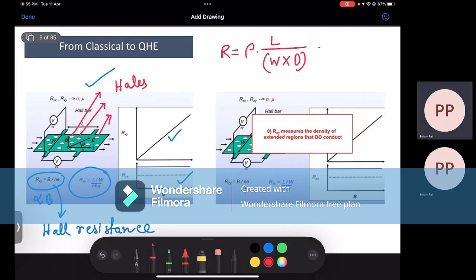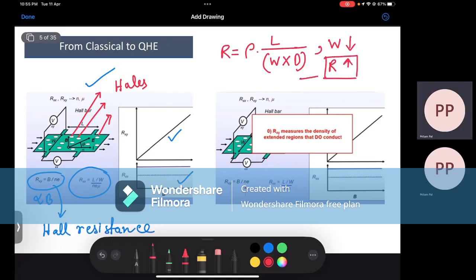What happens? W is going down, as this channel is getting narrower because of the existing holes. So the resistance is inversely proportional to W. As W goes down, R will go up. This is as simple as that.